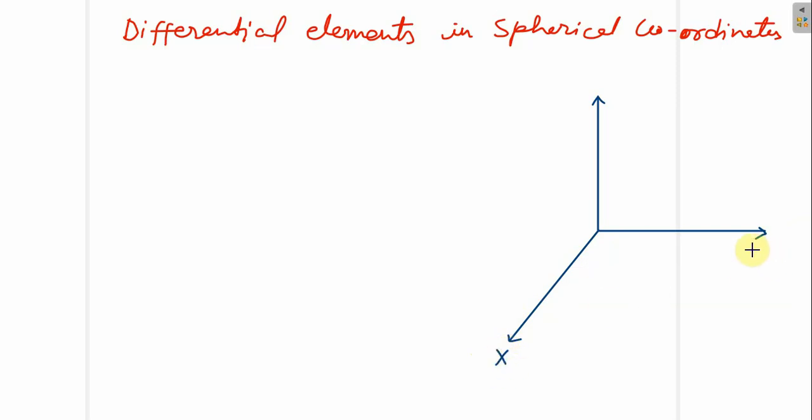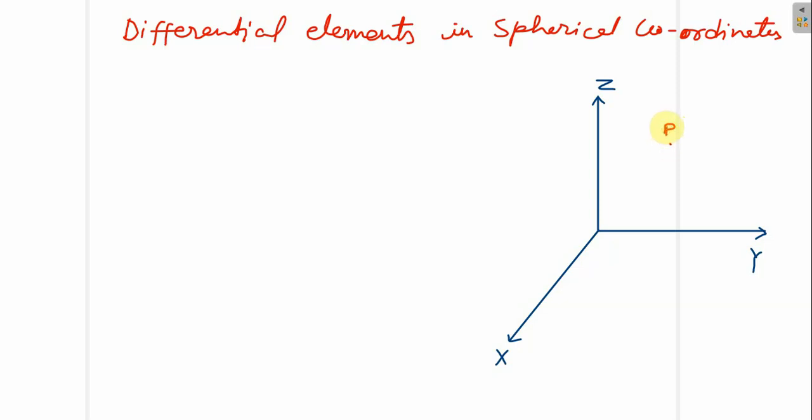So this one is your x, this is your y, and this one is the z. Okay, now we will locate a point. Let's say I'm locating a point P.